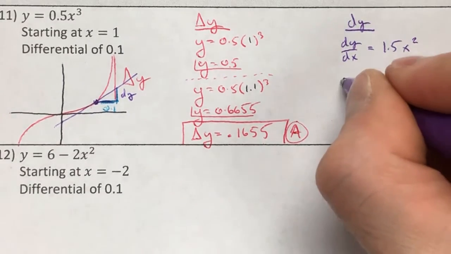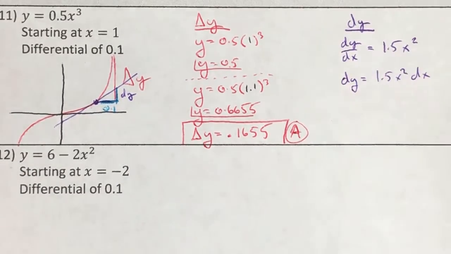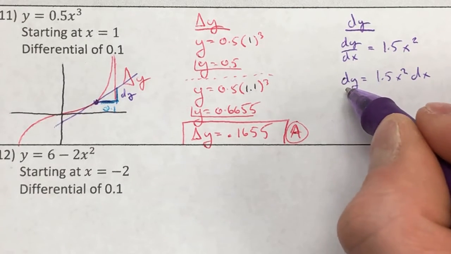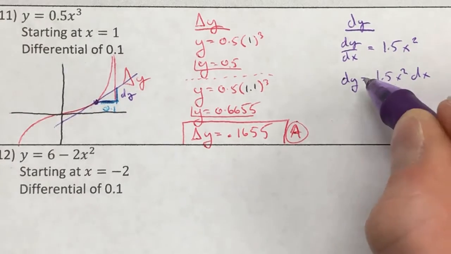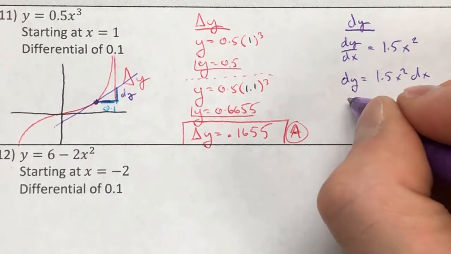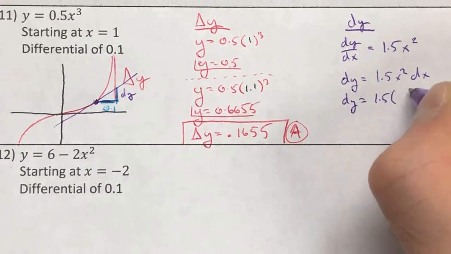And if I write this one more time, dy equals 1.5 x squared dx. Leibniz notation, so I've got this, and I'm going to plug this in. Now I don't need to do this twice because I have both the x and the change in x. This is going to spit out my answer all in one go. So dy is equal to 1.5.